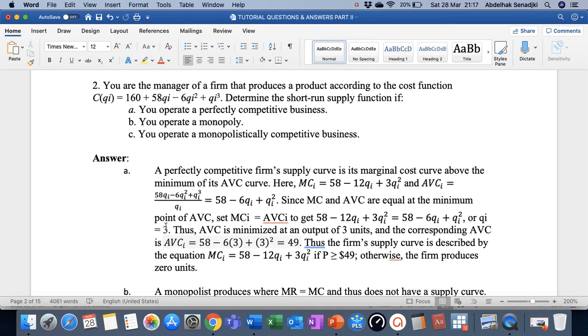So the quantity is 3. Thus, the average variable cost is minimized at an output of 3 units only, and the corresponding average variable cost is 58 minus 6 times 3 plus 3 times 3 squared. This is equal to 49.